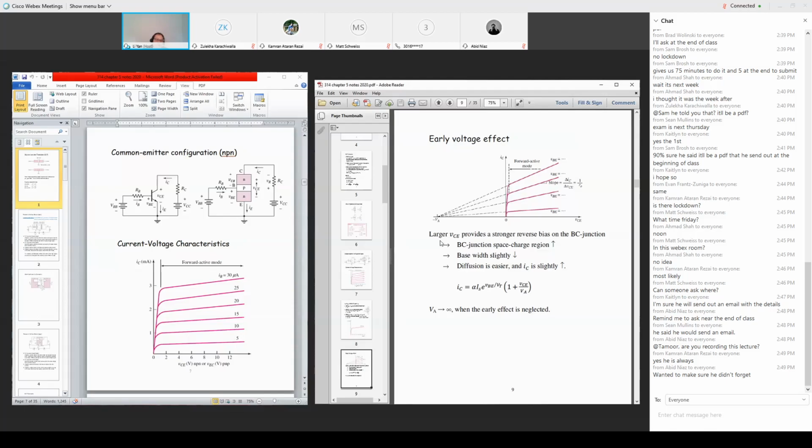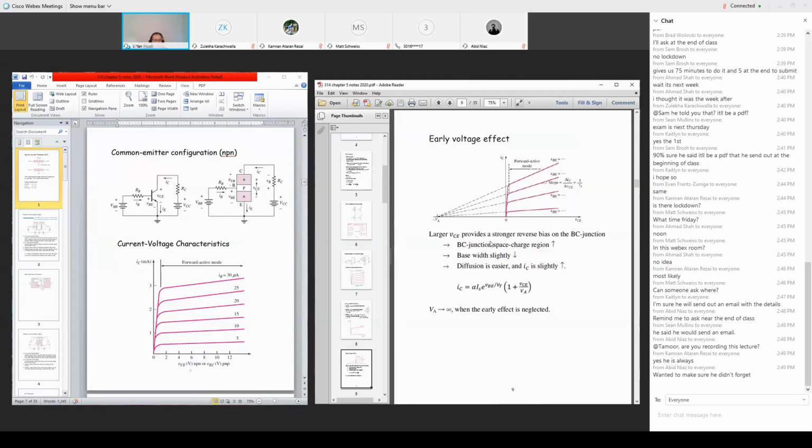Larger VCE provides a stronger reverse bias on the BC junction, right? So larger VCE means this voltage is large, but on the left side, this voltage is fixed. If this voltage is large, then the reverse bias voltage between the base and collector should be stronger.